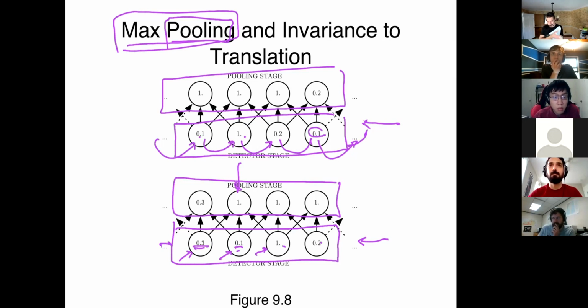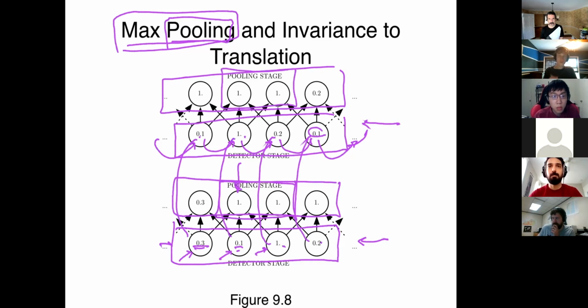We translated the input, and if you think about translation, it means that every single value in your input has changed, right? So not equal, not equal, not equal, not equal. So your input has totally changed, but your output, actually half of the output is the same. So these two guys are the same as these two guys, right?